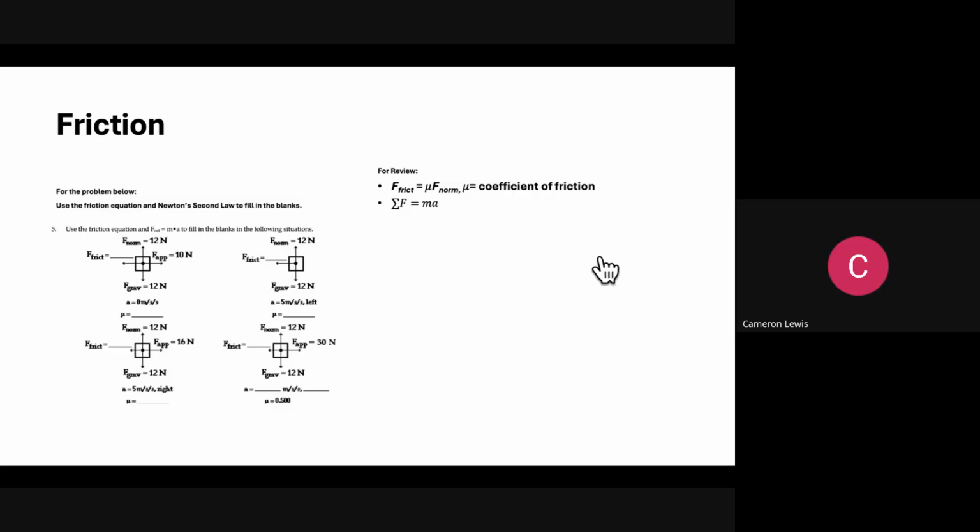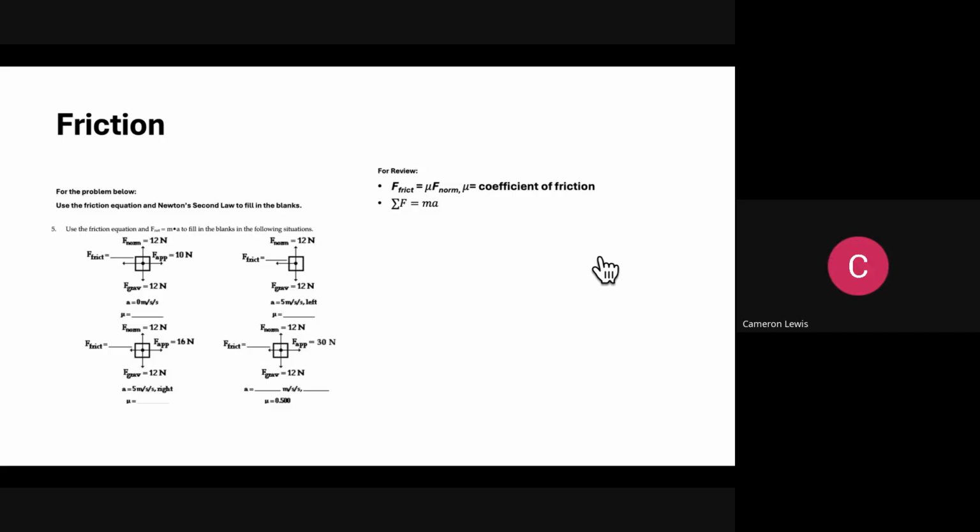Because they're unbalanced, the sum of the force is equal to 24, but when we have unbalanced forces, generally the sum of the force is equal to what? Mass times acceleration. Good.